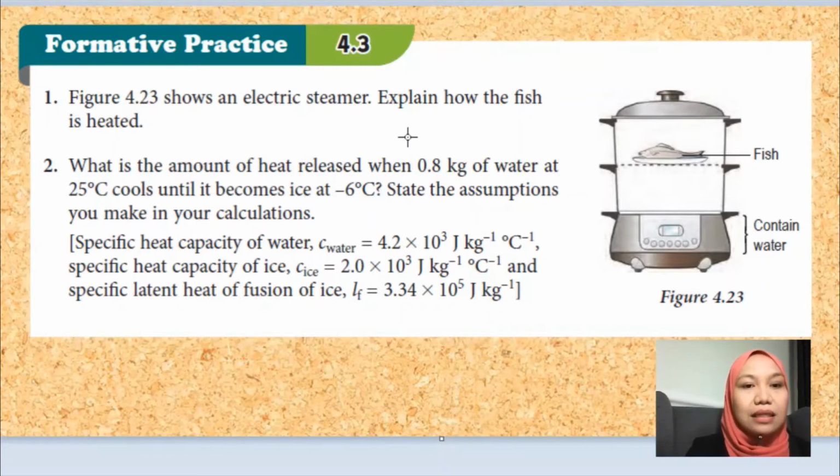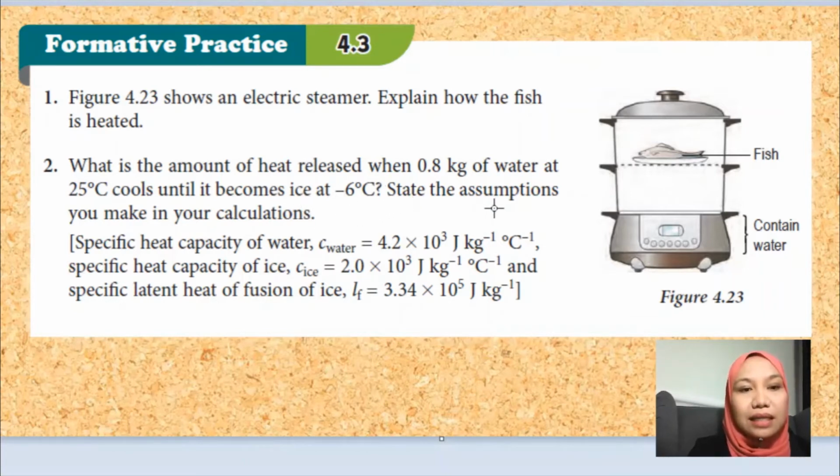Now let us see the variables in the question first. What is the amount of heat energy? So we need to find the heat energy released when 0.8 kilogram, this is the mass of the water, and its initial temperature is 25 degrees Celsius and it cools until it becomes ice at -6 degrees Celsius, as it releases the heat energy.